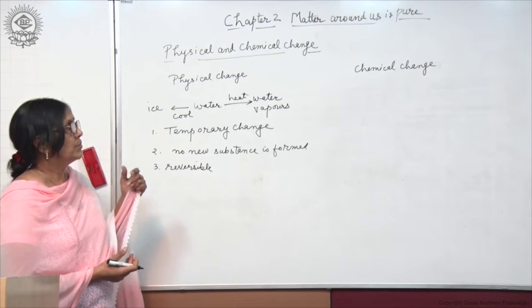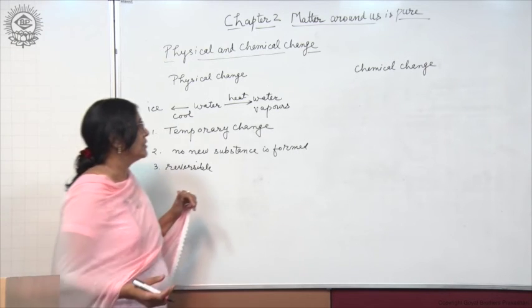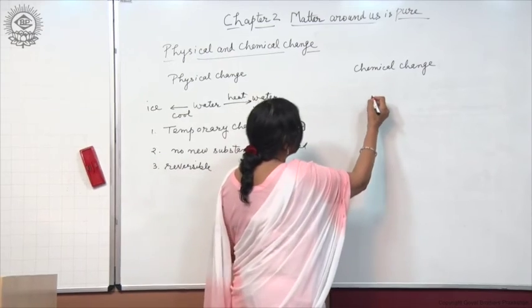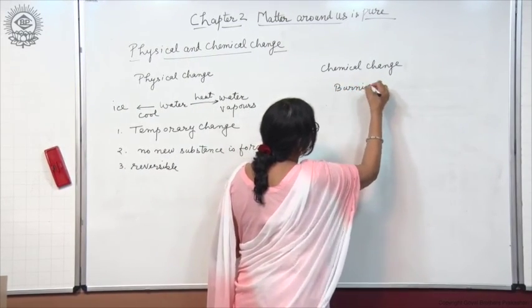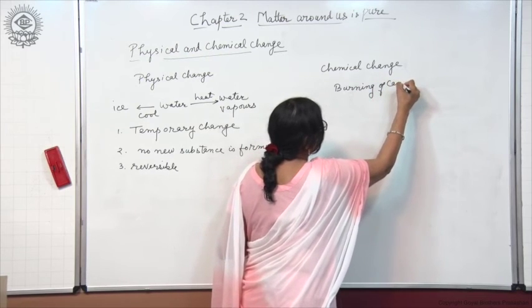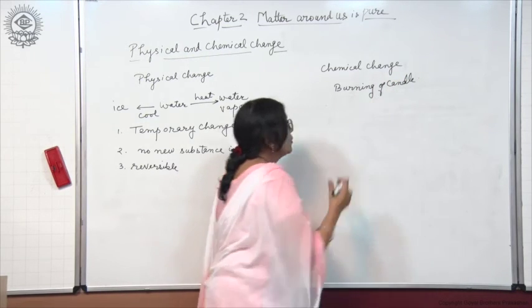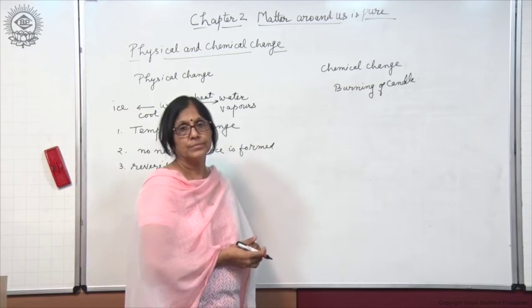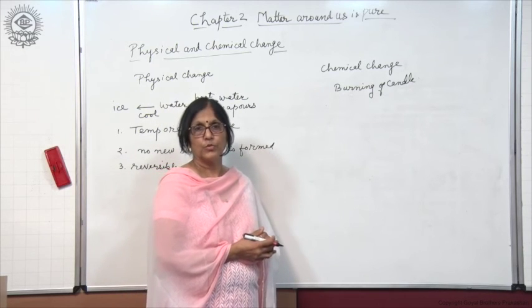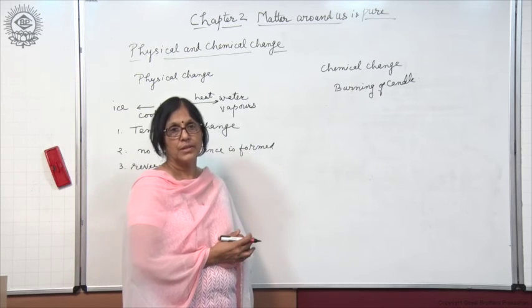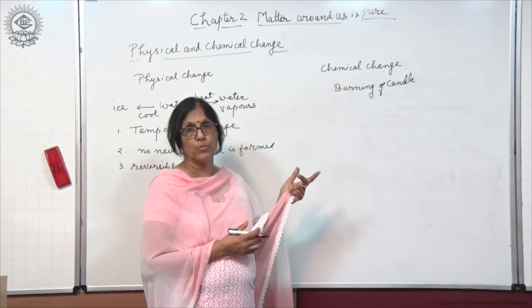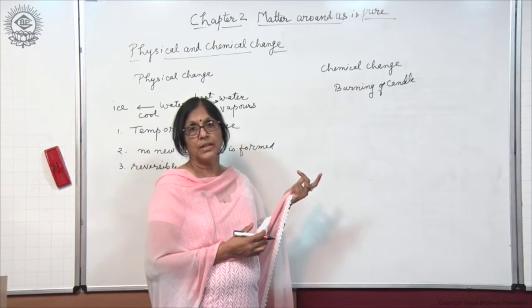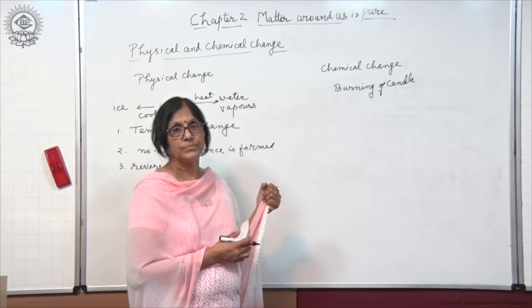Now, think about some more activities, like burning of a candle. When the candle is burnt, the wax melts. So, melting of wax is a physical change, but the candle burns and forms smoke, that is a chemical change.